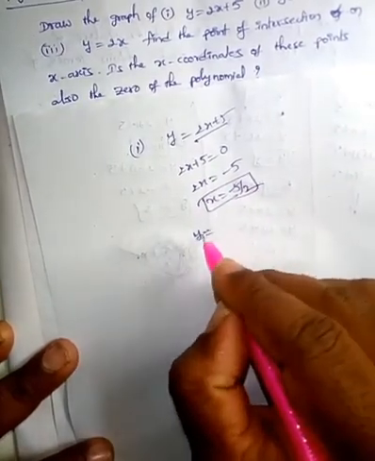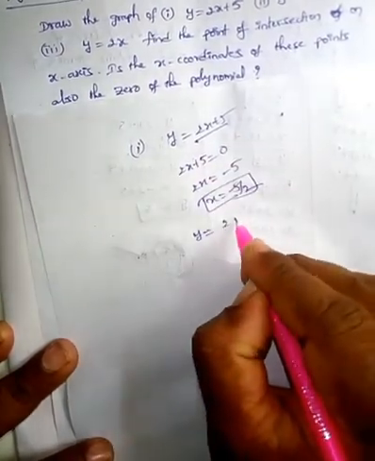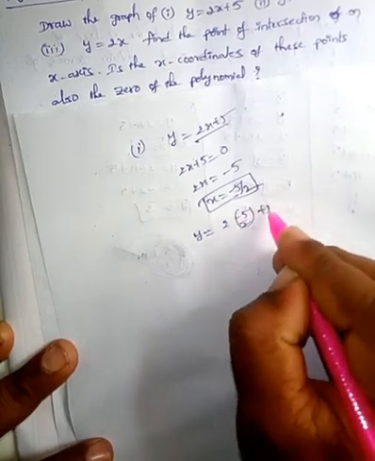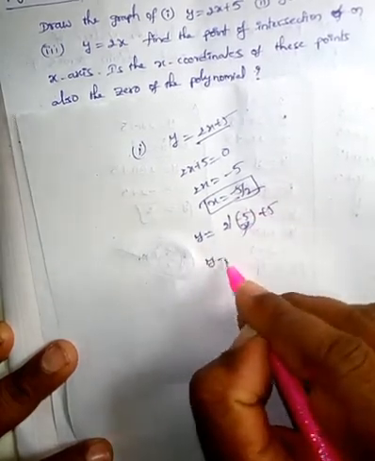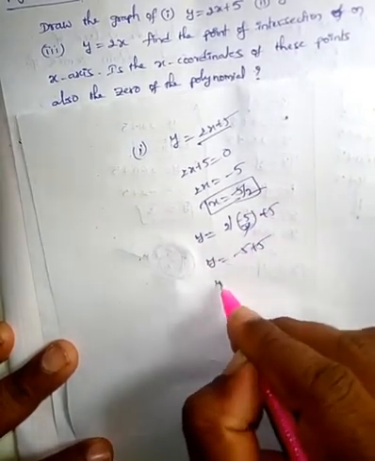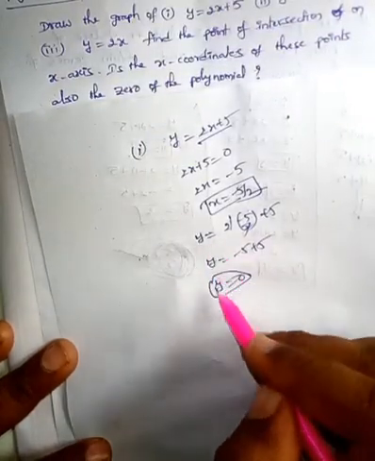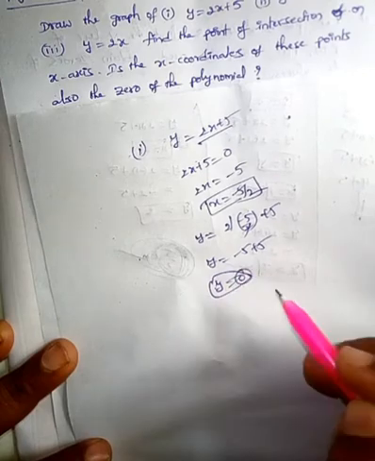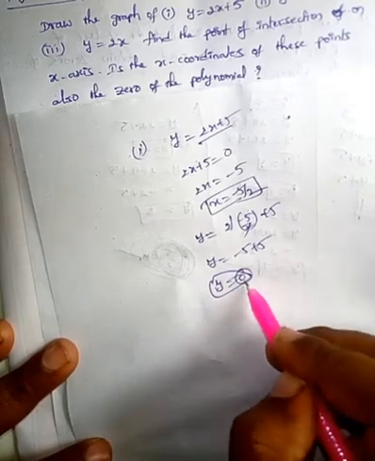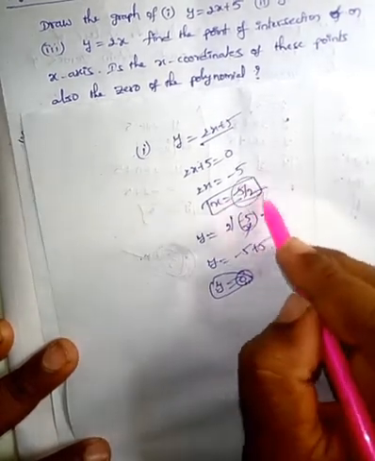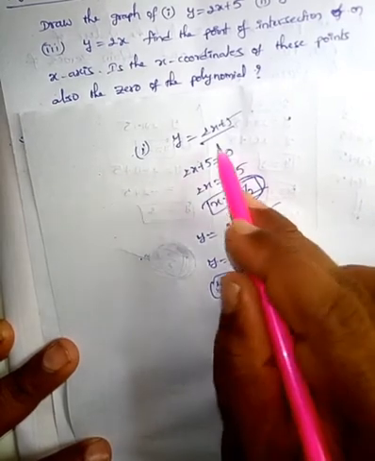Let's check. y equal to 2x plus 5. That is 2 into minus 5 by 2 plus 5. 2 gets cancelled. So y equal to minus 5 plus 5. y equal to 0. Okay. So here we got the result 0. And for getting this 0, we substituted minus 5 by 2 in the place of x.